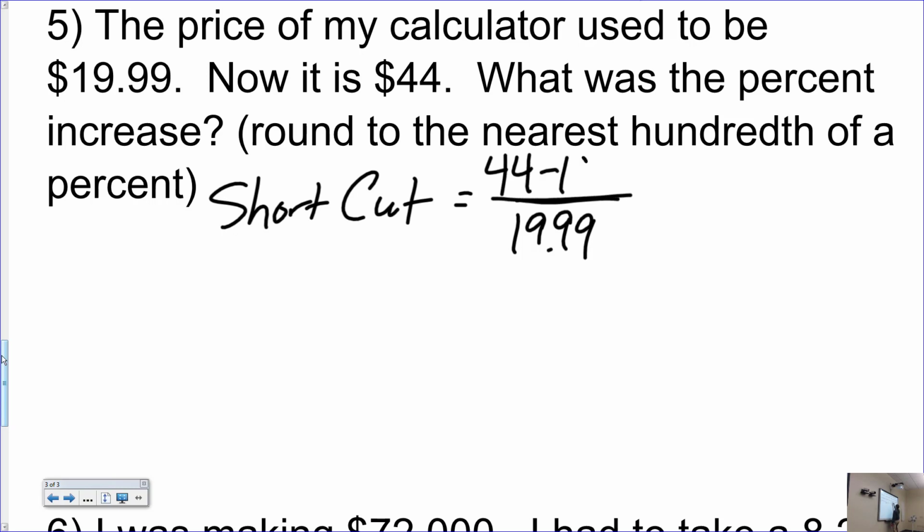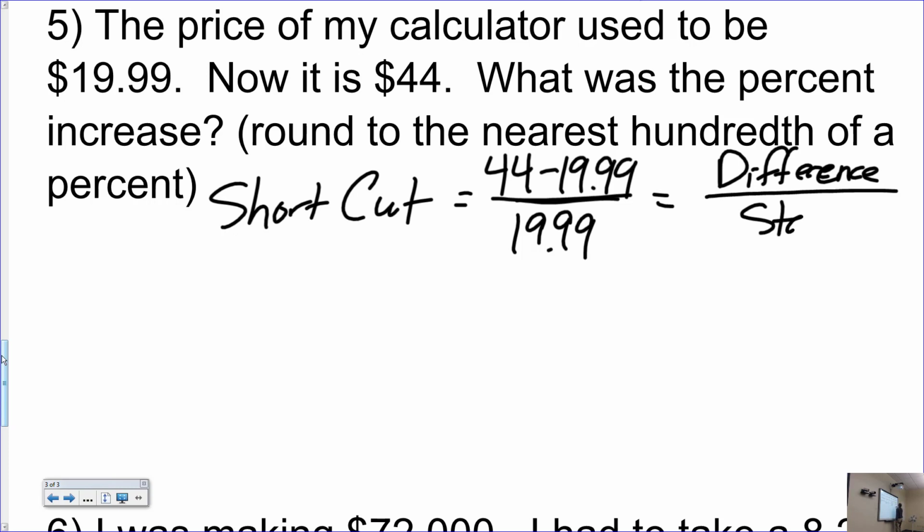So the shortcut equals the difference divided by where you started, right? And since this is a percentage increase, we started at 1999 and hopped up to 44, you can just subtract the numbers and divide, right?